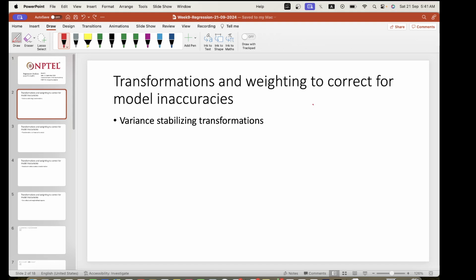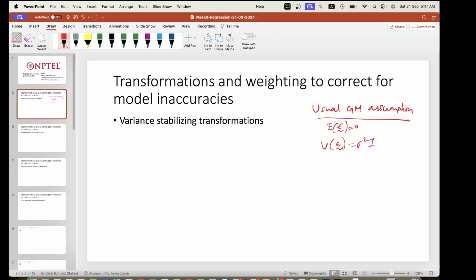So what are the usual assumptions? The expectation of epsilon would be 0, the variance of epsilon would be sigma square I. These were the main two, and the x's would be non-stochastic.